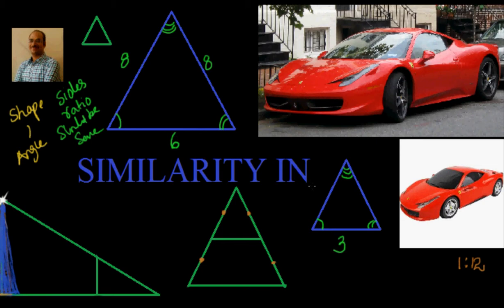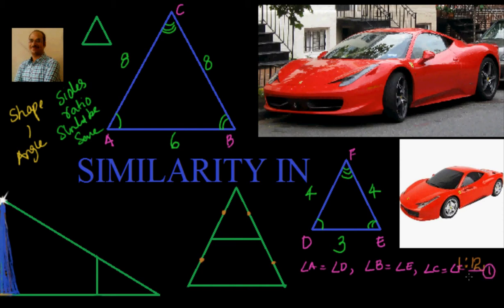This triangle has sides 3, 4, 4, and let us name this A, B, and C, and this D, E, and F. Now for these two triangles ABC and DEF to be similar, angle A should be equal to angle D, angle B should be equal to angle E, and angle C should be equal to angle F.